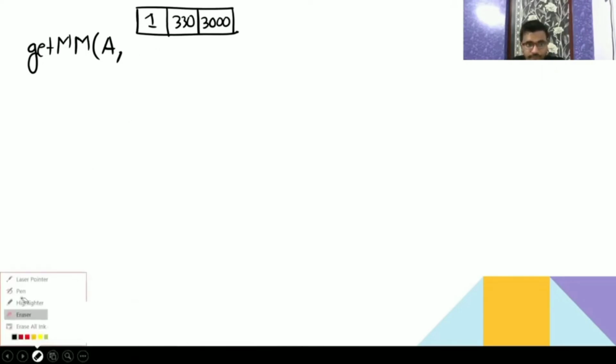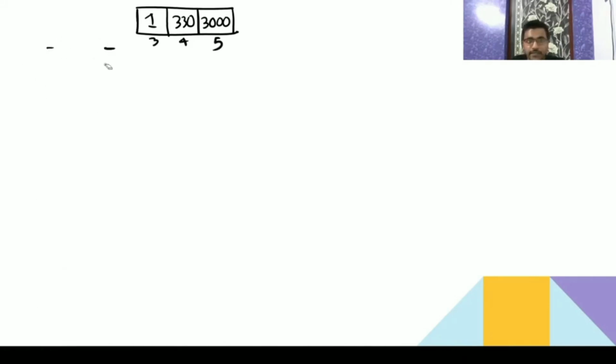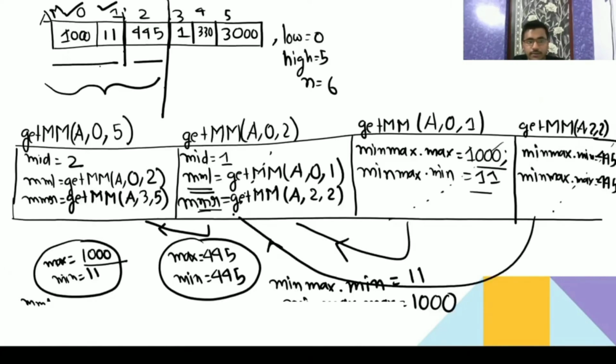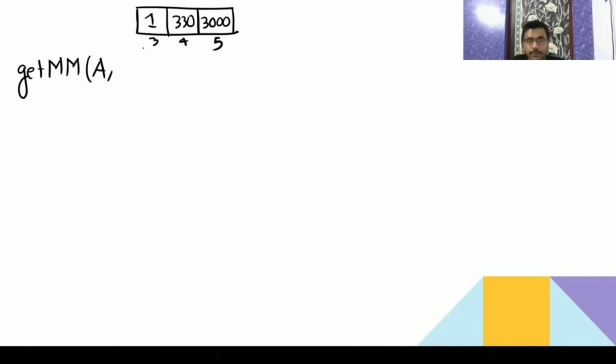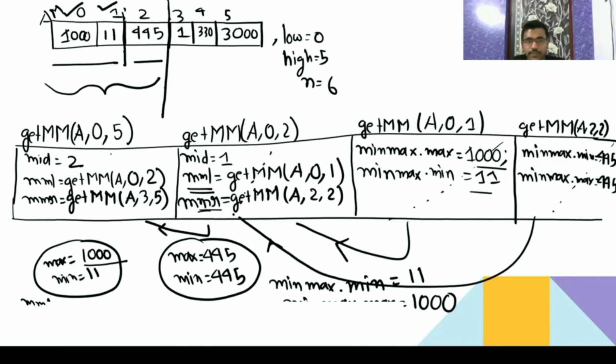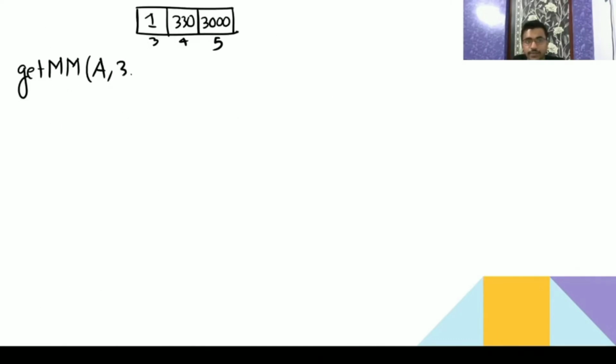We are calling get min max on the array with 3 and 5. Mid plus 1 was 3, so we call 3 and 5.